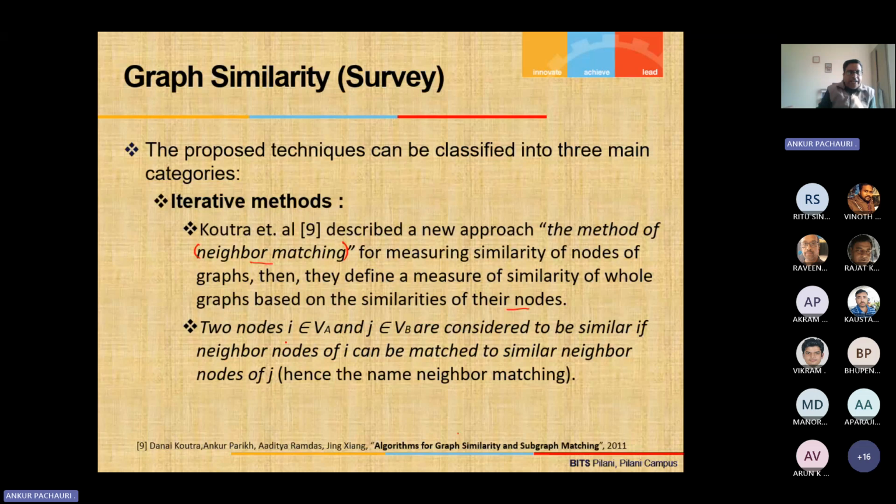Two nodes, i from VA, a node from graph A, and j from VB, a node from graph B, are considered similar if the neighboring nodes of i can match the similar neighborhood of j. Hence the name neighbor matching, which means I am also taking care of regular equivalence.